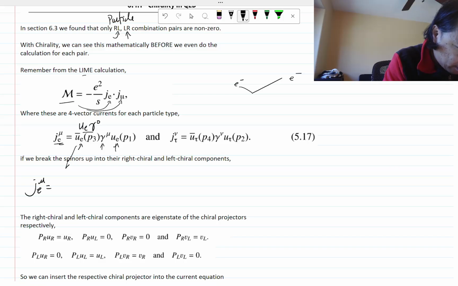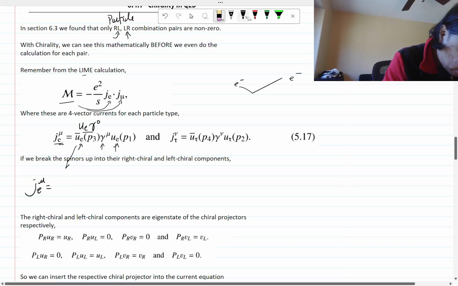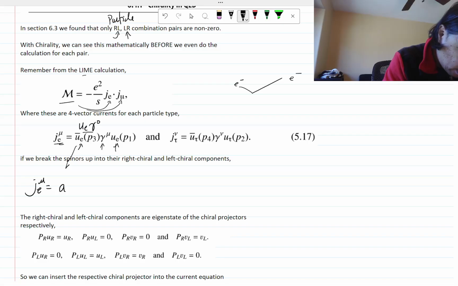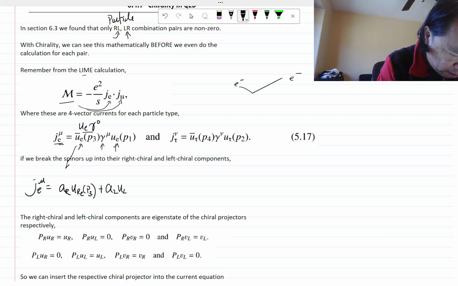But J, E, mu has some left and right components. So we have the adjoint, some amplitude, R, U, E, R, let's put the E afterward, for the one that's coming in, plus some component, sorry, not amplitude, some component on the left chirality ULE.